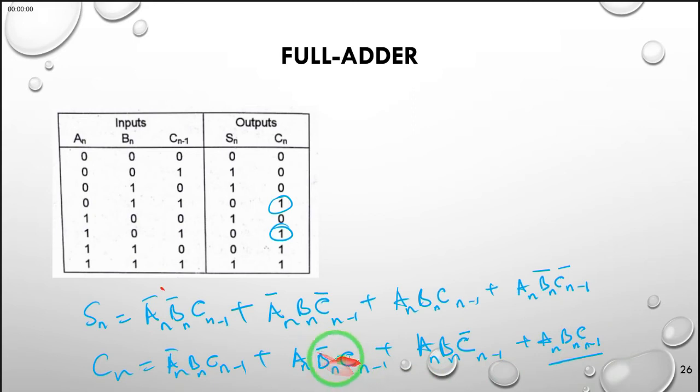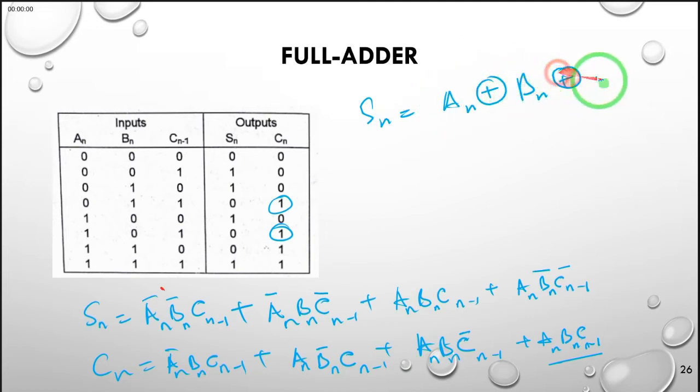And if you solve this further using the usual methods of Boolean algebra, you will realize that Sn may be simplified to the form An XOR Bn XOR Cn minus 1. What you do is simply observe.